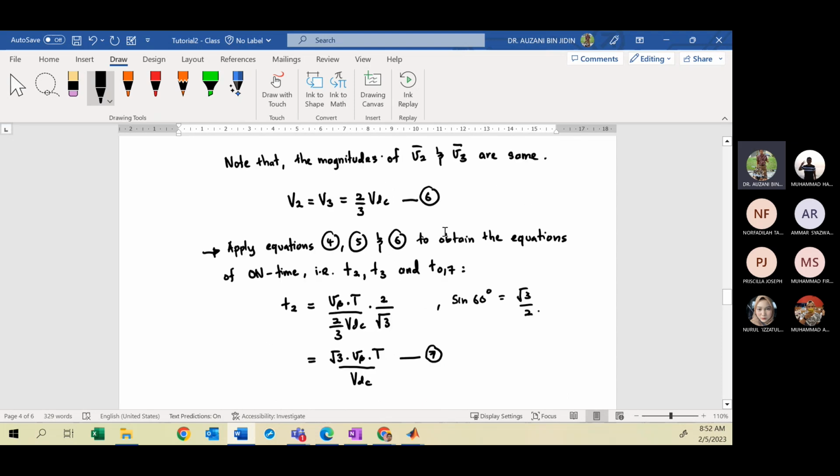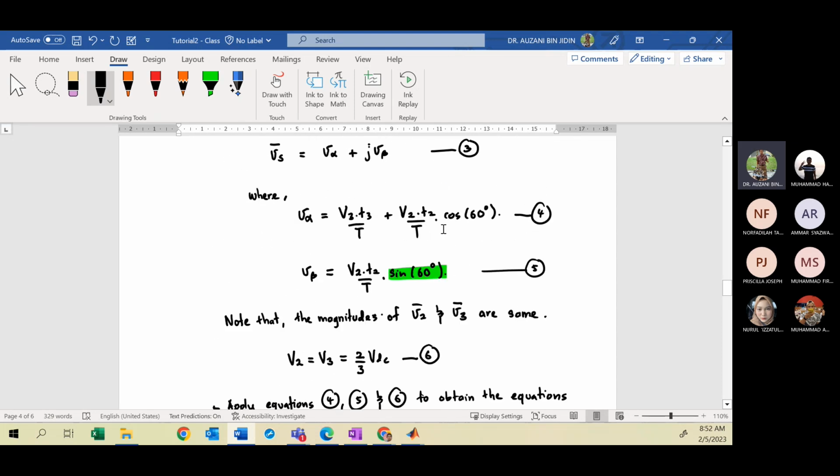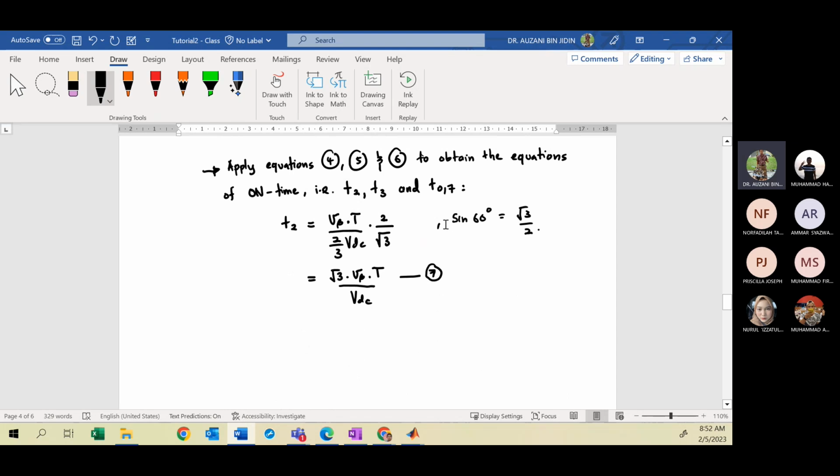By rearranging equation number 4, you can solve for T3: 2/3 E divided by VDC, then you have the bracket term, open square bracket, V alpha, E beta divided by Z3. So this is equation 8.